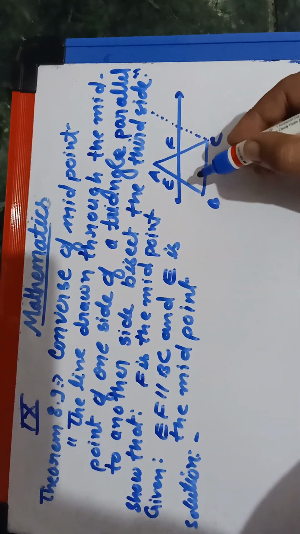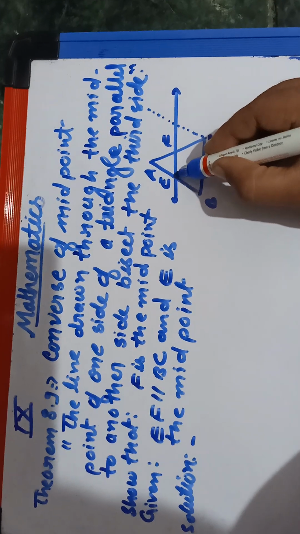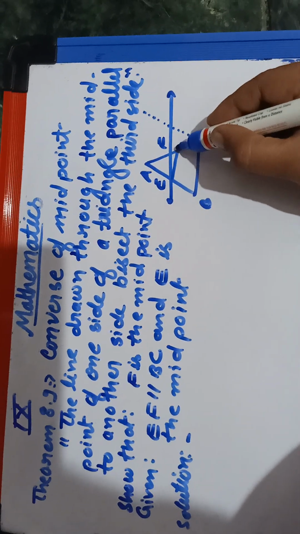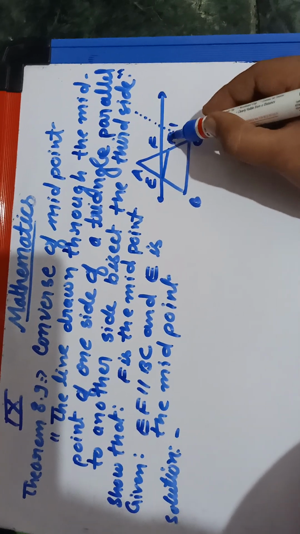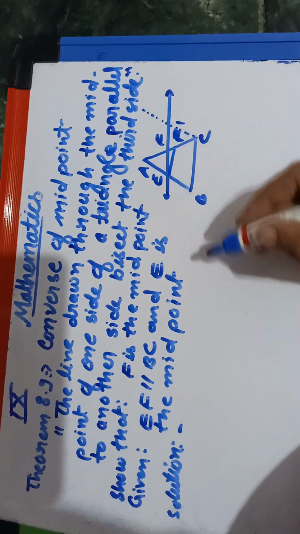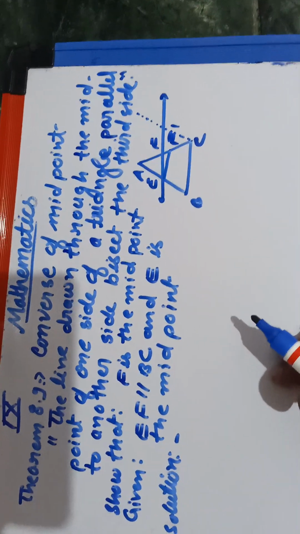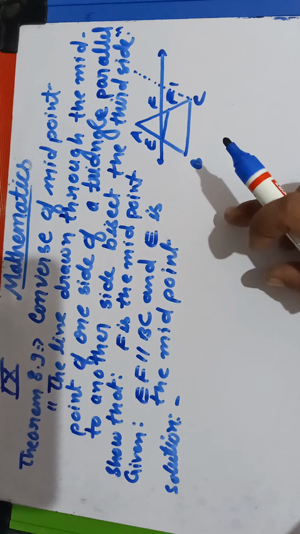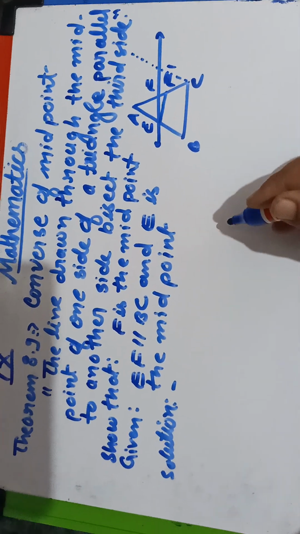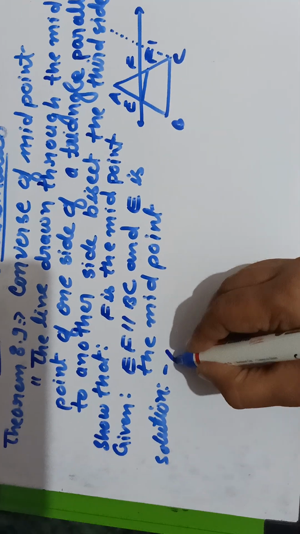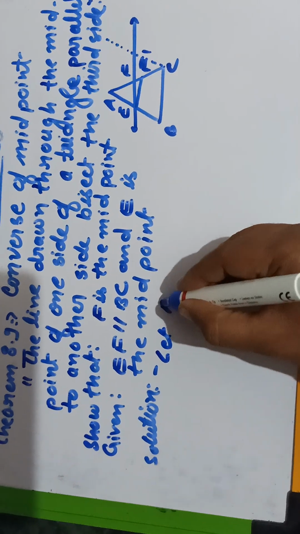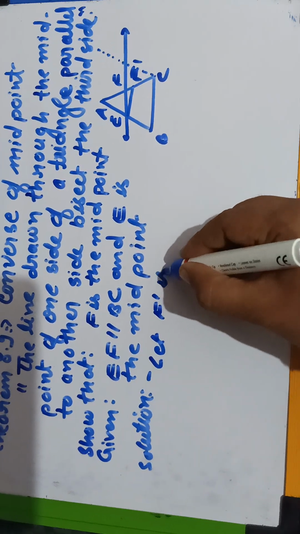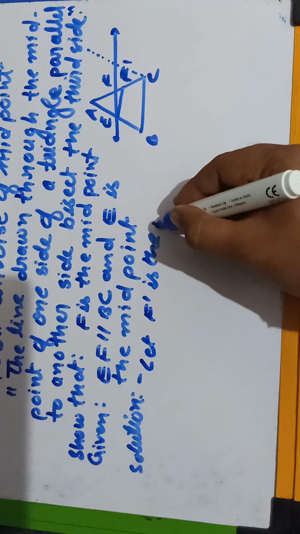For this theorem, we will just take a point F dash. We will assume that this line is not parallel to it. So take the point F dash, which is making EF dash parallel to BC. Let F dash be the midpoint.